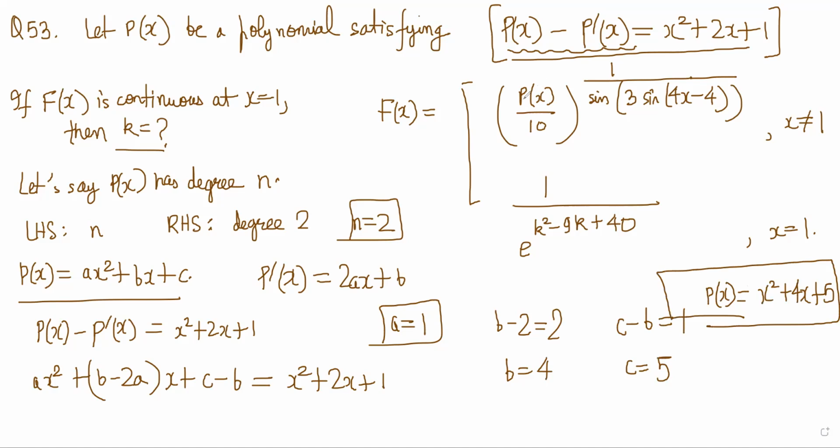So now I have to think about the continuity of f of x at this point, right? So let's think about that. So at x is equal to 1, if the function is continuous, we need to have limit as x tends to 1 of f of x should be equal to the value of f of 1, right?